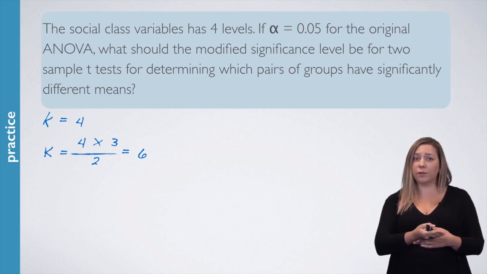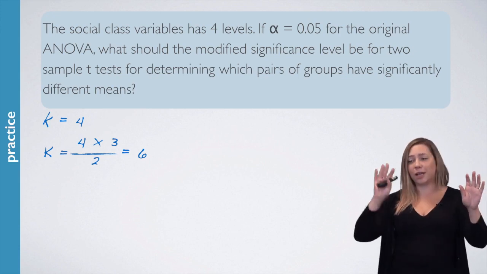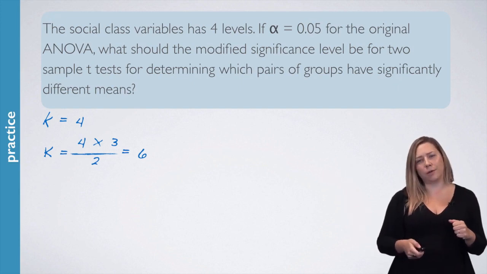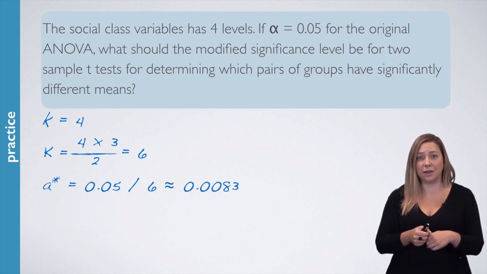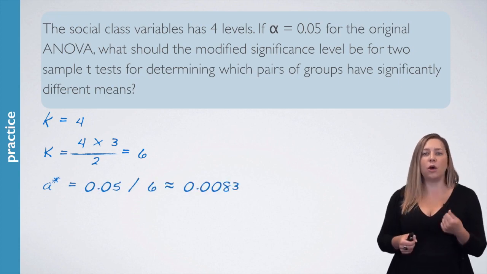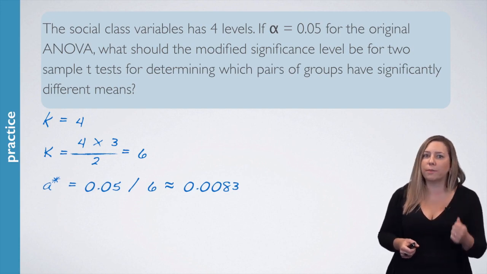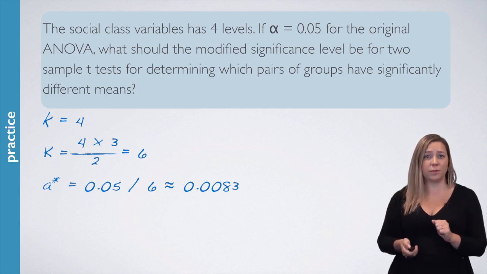So the total number of comparisons can be cut in half. Hence the formula k times k minus 1 over 2, which results in 6 total comparisons. And we can use this number to correct our significance level down to 0.0083. This is the significance level we're going to use for the pairwise comparisons to see if 2 pairs of means are different from each other.